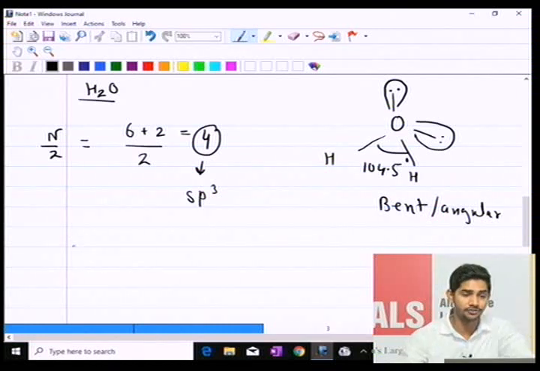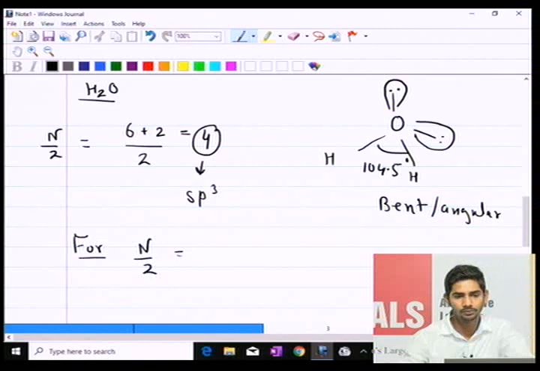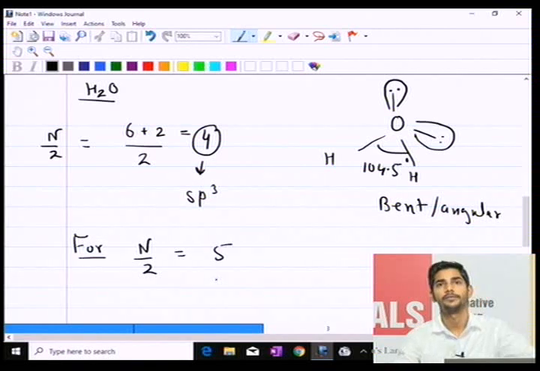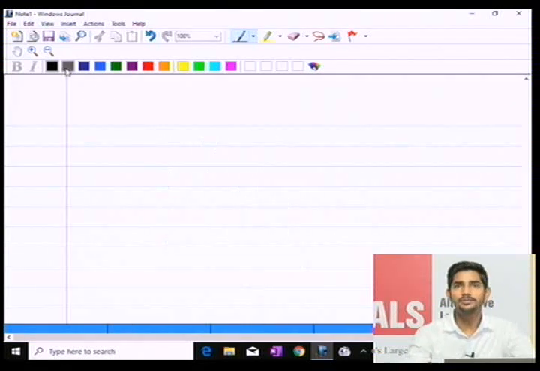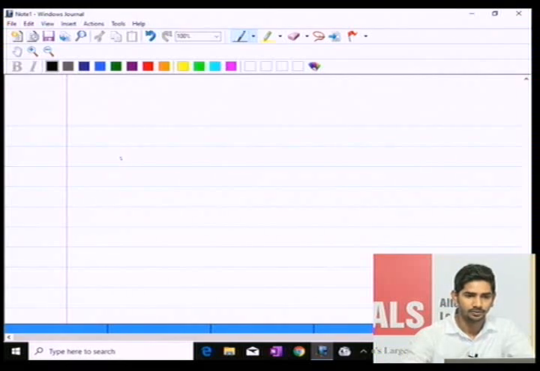Yeah, next shape. See, for n by 2 equal to 5. Guys, just look at your screen. After that, I'll give you time to copy it. Guys, if you remember, for n by 2 we have drawn a shape like this.